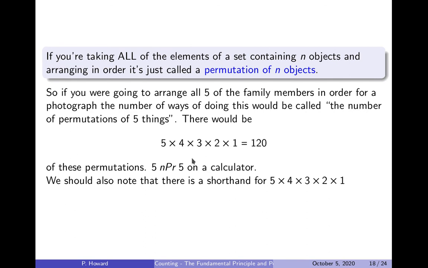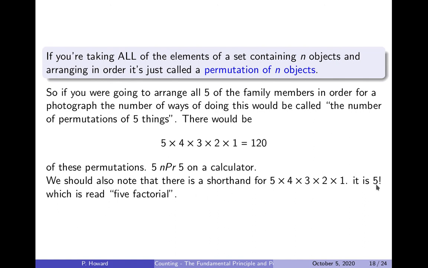Okay, before we leave this slide, I also want to mention that there is a shorthand for starting with 5 and multiplying your way all the way down to 1. A standard mathematical shorthand. The shorthand is 5 followed by an exclamation point, and this is read 5 factorial.